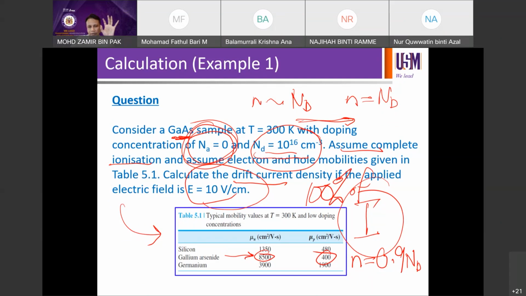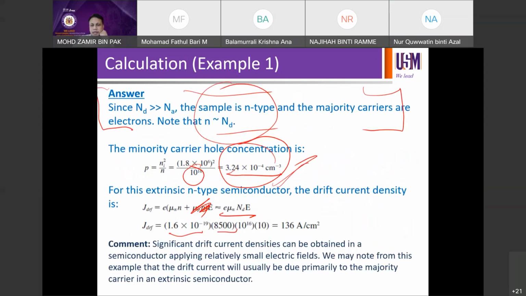You have to add J drift electrons plus J drift holes, but you might come to a value very close to electrons because your hole contribution might still be a lot smaller. But you still have to calculate because it's not very, very small. In this case, since we are working with P in the region of 10 to the minus 4, which is very, very small, it can just be omitted.